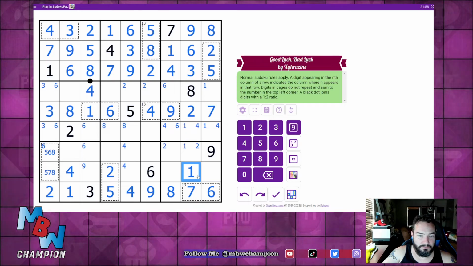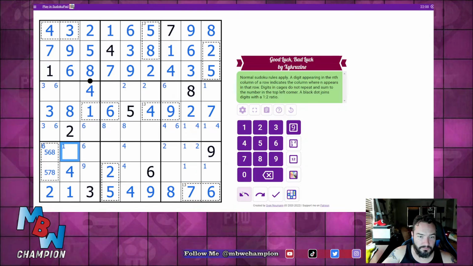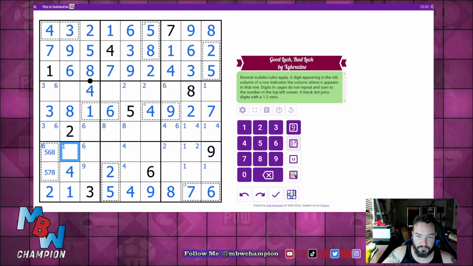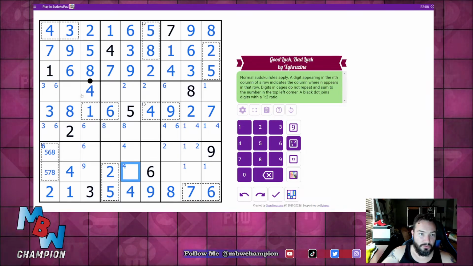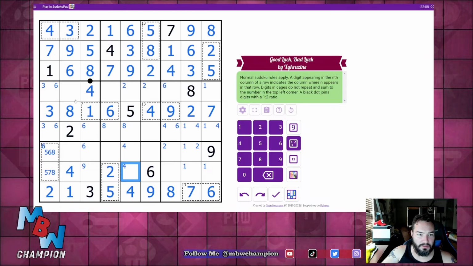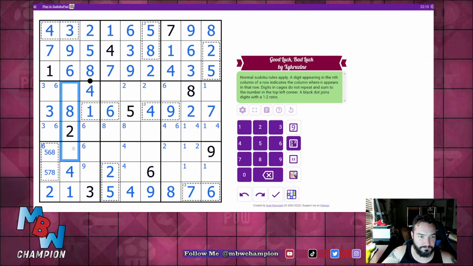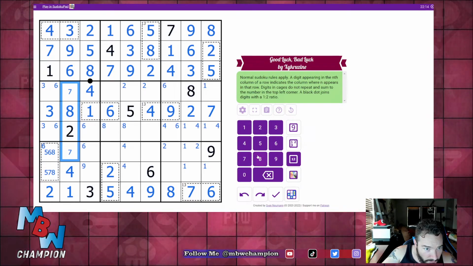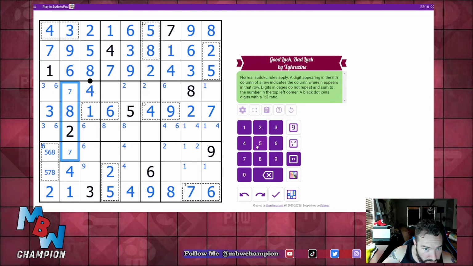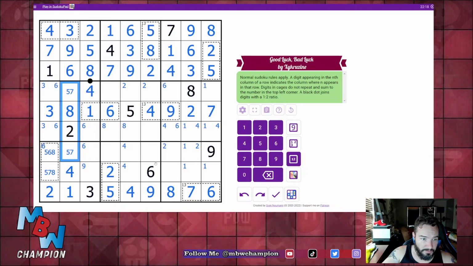Oh, actually, let's not assume that. Let's not assume. Because this can actually be a 1 right here. So I'm just going to ignore what I just did right there. Okay, this is going to be a 7, 5 pair. Yeah, 7, 5 pair.